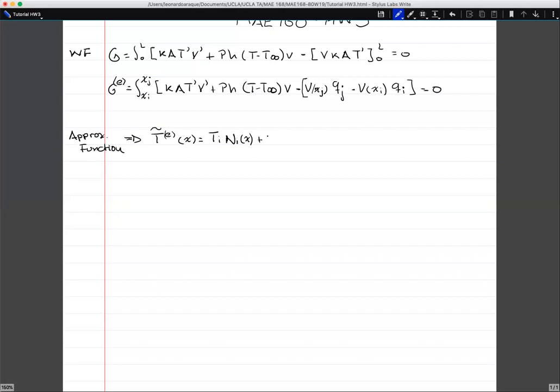Similarly, we have a shape function attached to a constant Tk, a node k, and the same applies for the node j.